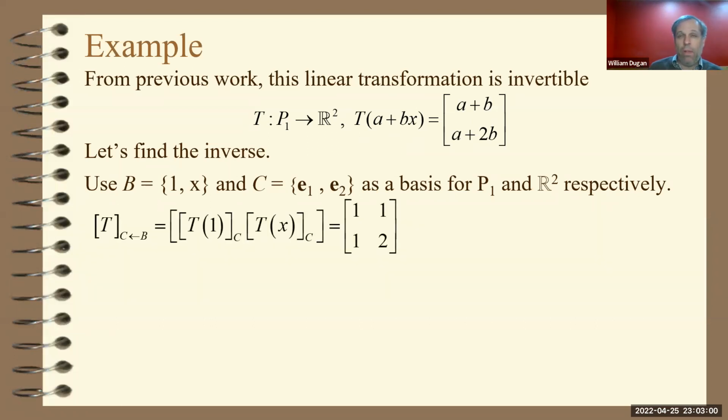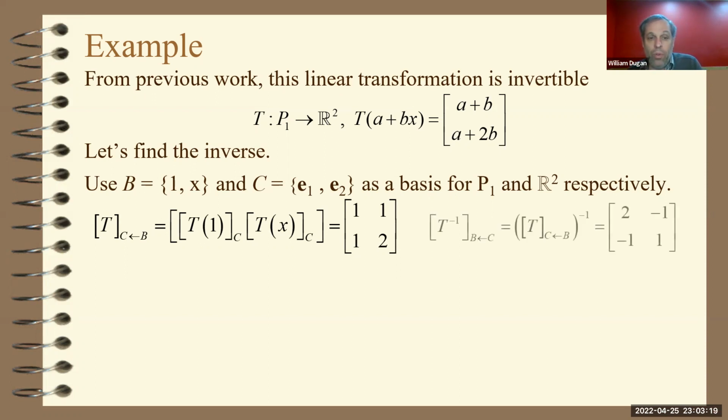Then you can find out that the standard matrix of T relative to B into C is equal to this matrix. It's 1, 1, 1, 2. Notice that matrix, by the way, is definitely invertible. So since that matrix is invertible, then the transformation is invertible. So it's not really a question of whether there is an inverse. It clearly is, just because of the matrix.